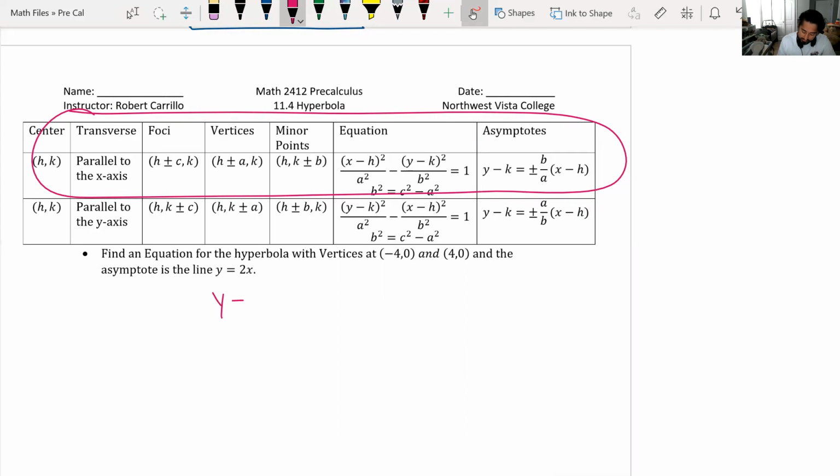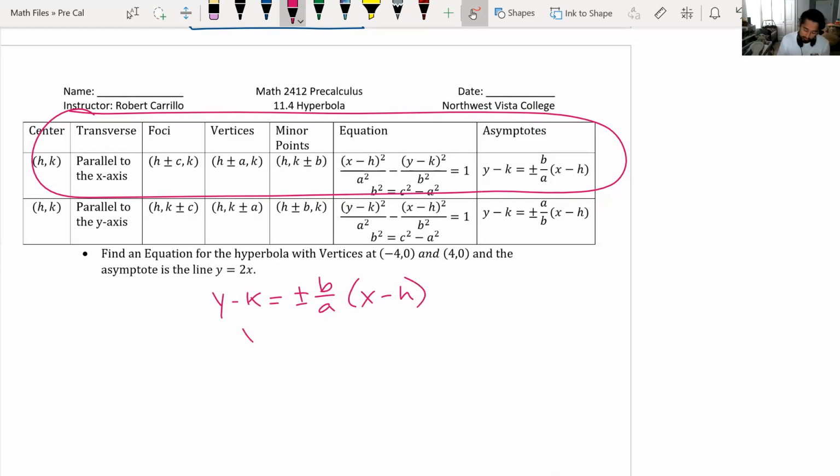So they give us y equals 2x. And for this asymptote, I guess I'll write everything out. We use that asymptote equation, y minus k equals plus or minus b over a times x minus h. We know from below that our center is 0, 0.